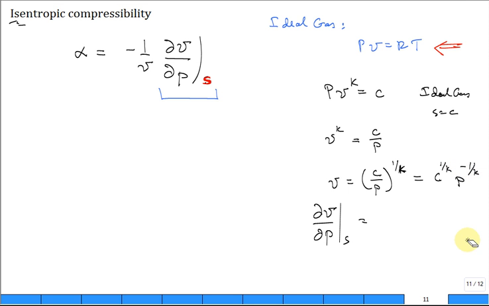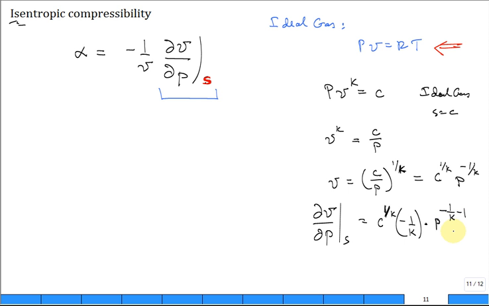Okay, you differentiate that, and the constant 1 over K is sitting there. So what do we get? P to the minus 1 over K minus 1?